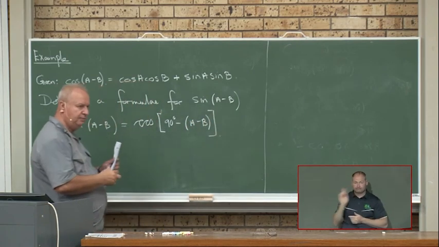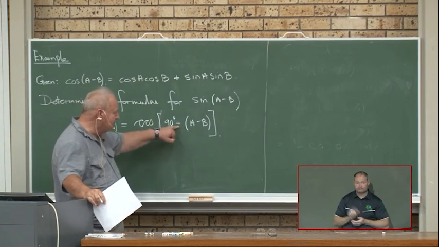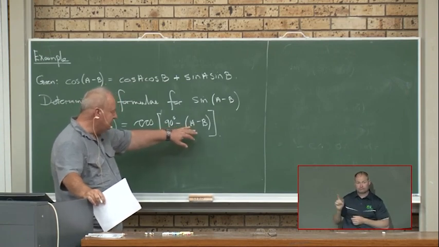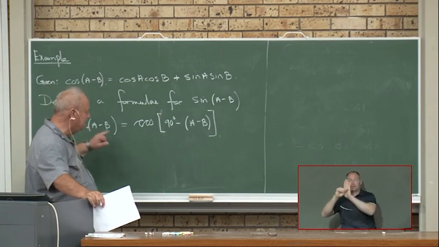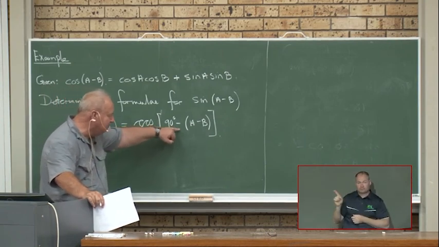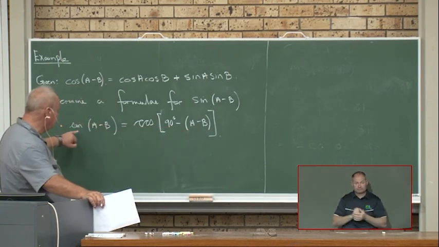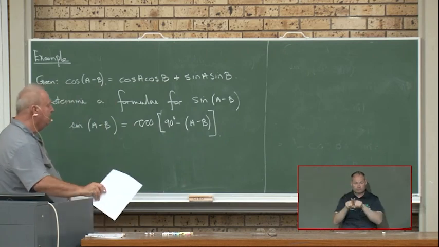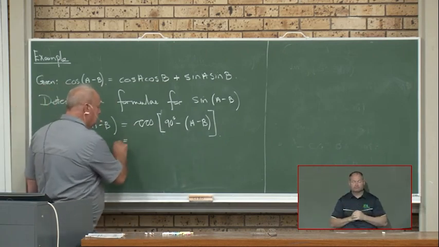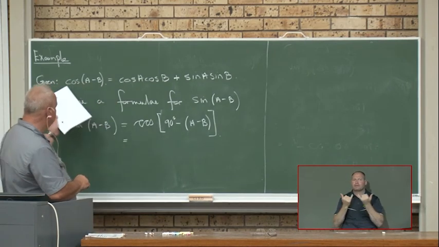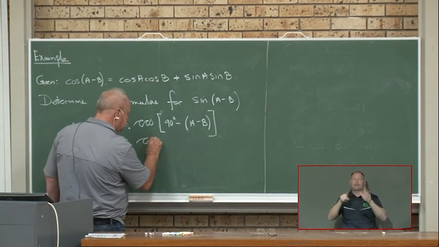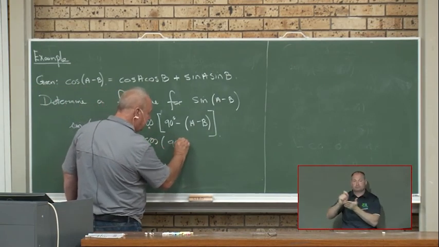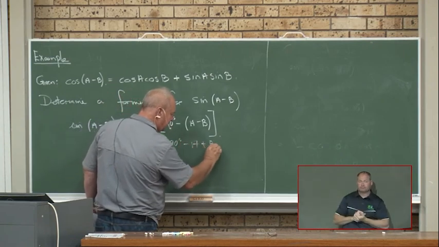Do you understand that the cos of 90 degrees minus the angle is equal to positive the sine of the angle? The cos of 90 degrees minus the angle is equal to positive the sine of the angle, correct? Now, I need to change this to an angle minus an angle. So I'm going to say this is equal to the cos of 90 degrees minus A plus B, correct?